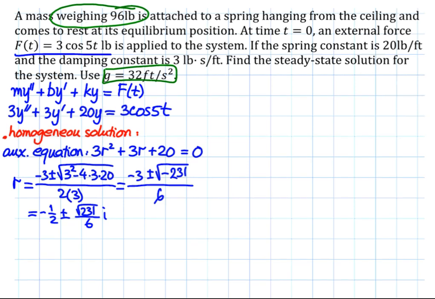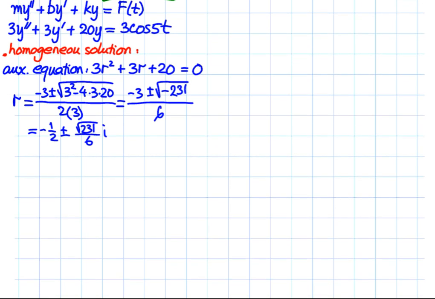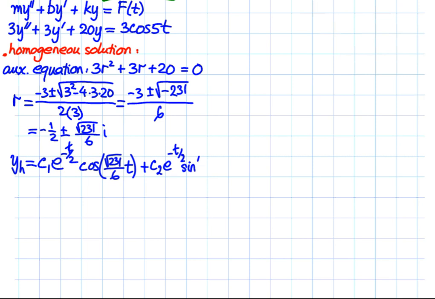For a complex solution, we can write the homogeneous solution as C1 e to the negative t over 2 cosine of square root of 231 over 6 t, plus C2 e to the negative t over 2 sine of square root of 231 over 6 t.